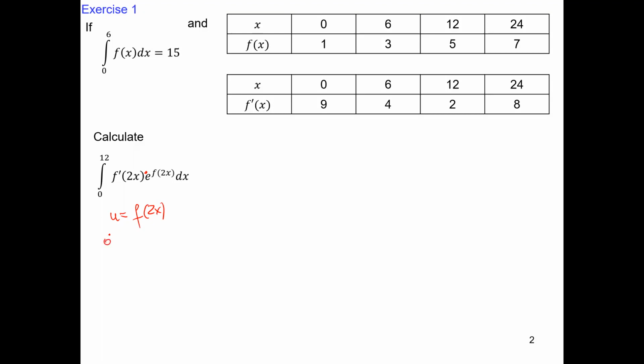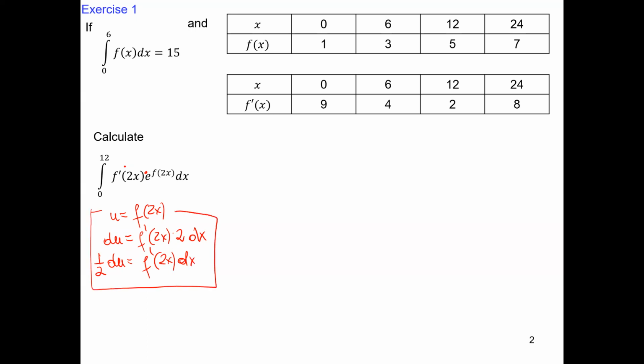Okay, the differential of u, of course, is du. The derivative of f of 2x is f prime of 2x times 2, the derivative of the inner function, dx. I can divide both sides by 2: 1/2 du equals f prime of 2x dx. Okay, and it looks promising since we see f prime of 2x dx in the integrand.